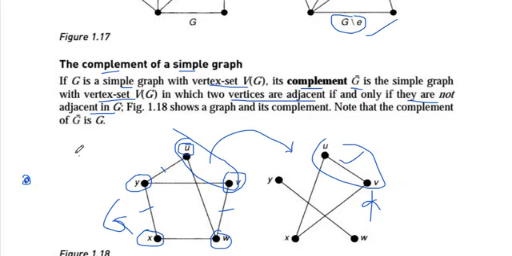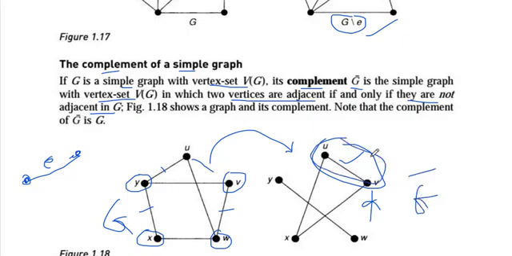Adjacent means two vertices are joined with one edge, and then these two vertices are called adjacent. But here for the simple graph G, u and v are not adjacent, because there is no edge joining them. So not adjacent in G and adjacent in G bar. So it's called complement.